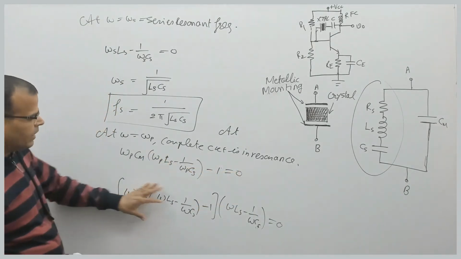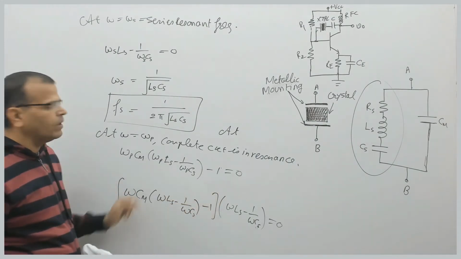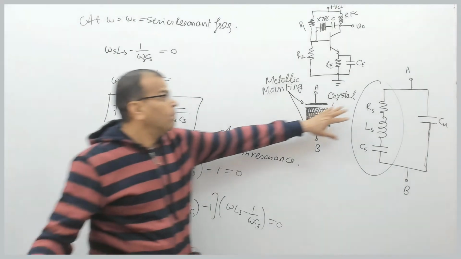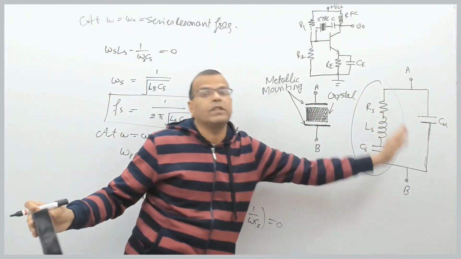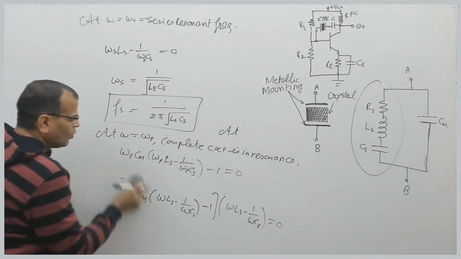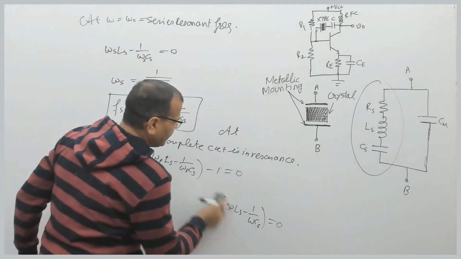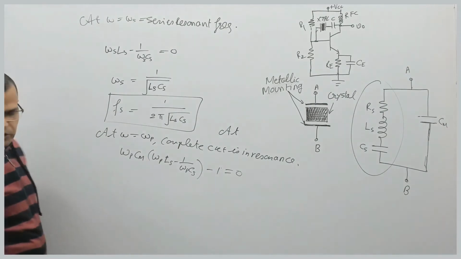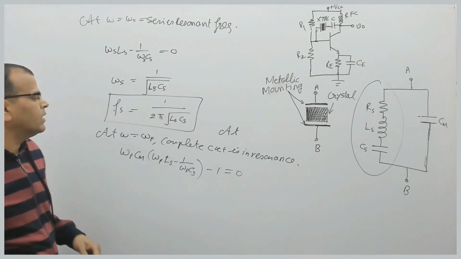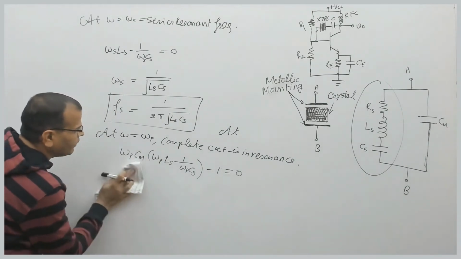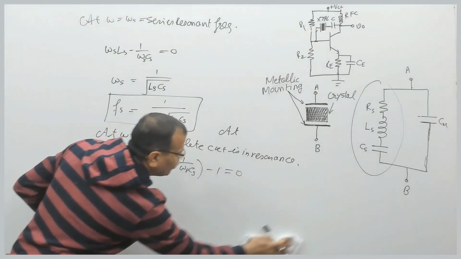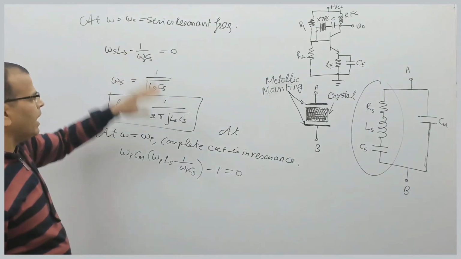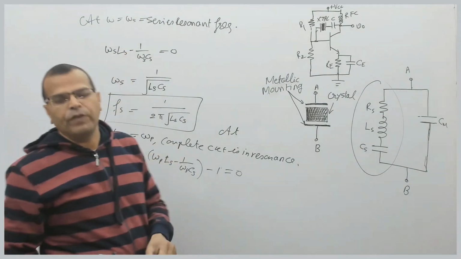That means this first part of the equation is 0, and that is the frequency at which the whole circuit is in resonance, called the parallel resonant frequency. Parallel resonant means the whole circuit is in resonance. So there are two resonant frequencies associated with this circuit, the series resonant frequency and the parallel resonant frequency.